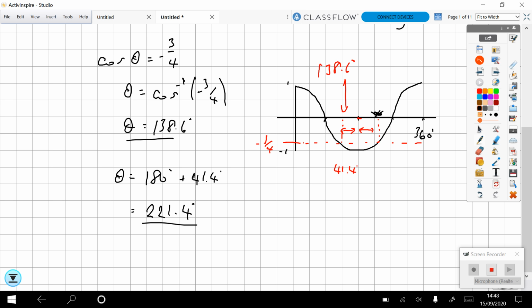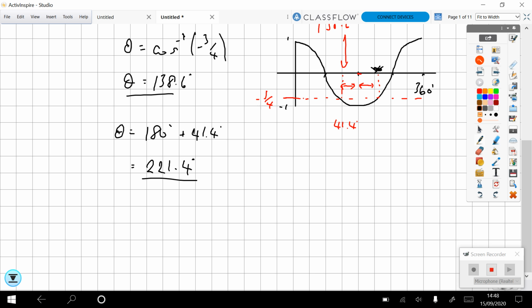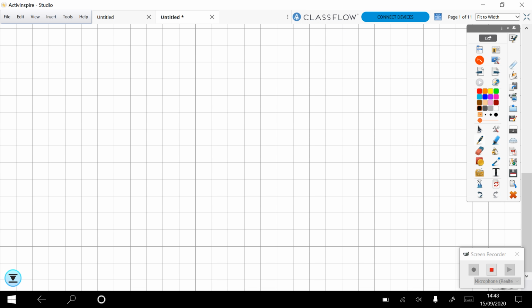The last example I want to look at in this video is if you're dealing with tan. Suppose we have tan of theta equaling 2 between, let's say, -180 degrees and positive 180 degrees.